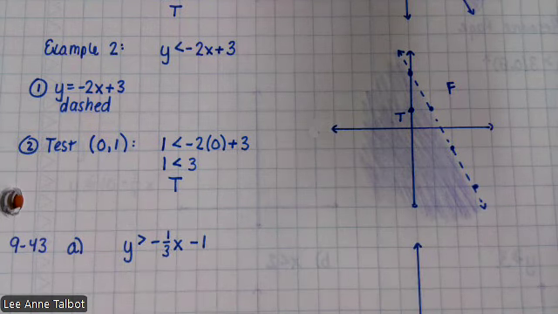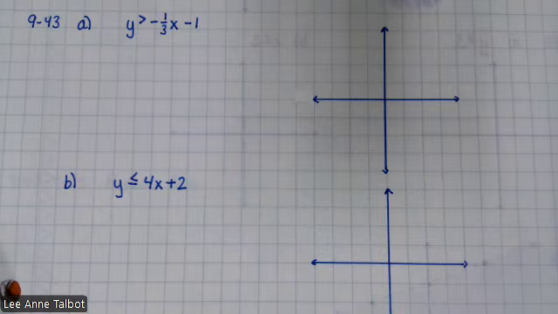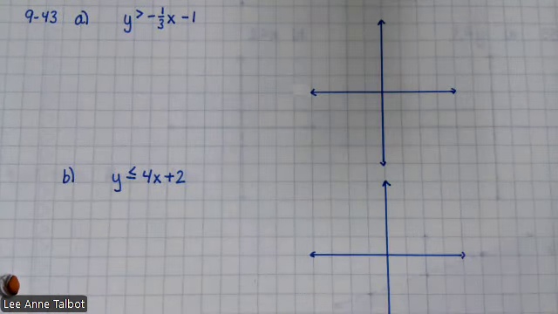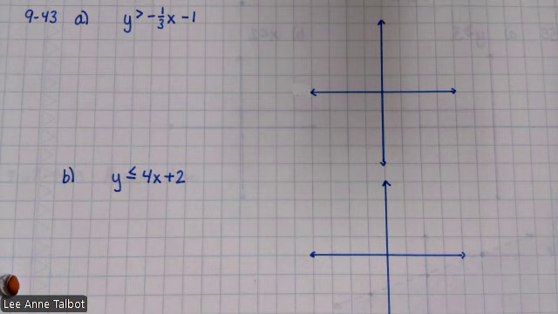There's an A and a B, and I want you guys to try these on your own. You're going to do exactly the same thing we just did. I'm going to freeze the screen so I can show you the answers in a minute, but that means I actually have to do them.